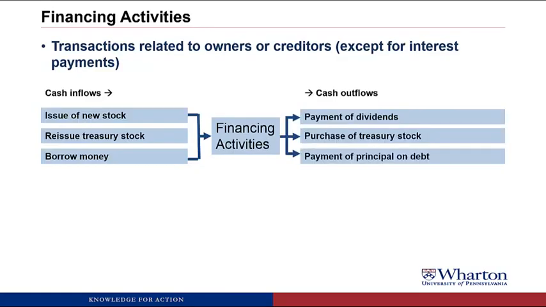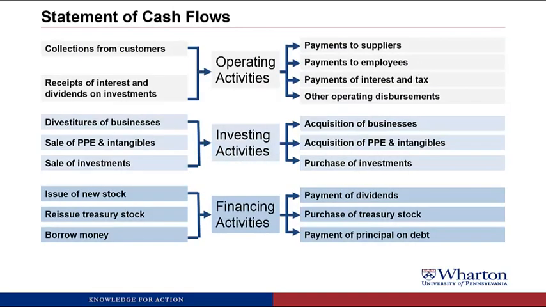Cash outflows include paying dividends to your shareholders, purchasing your treasury stock, so repurchasing your own stock, and then payment of principal on debt, but as we mentioned earlier, not the payment of interest. So putting it all together, the statement of cash flows is going to have these operating activities, investing activities, and financing activities listed in this order, showing you the three different buckets where a company's cash flow comes from or goes to during a period.